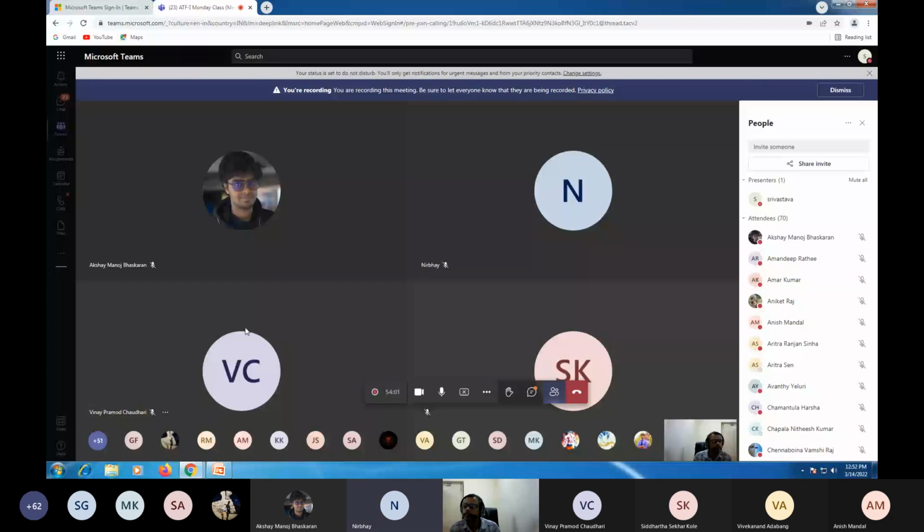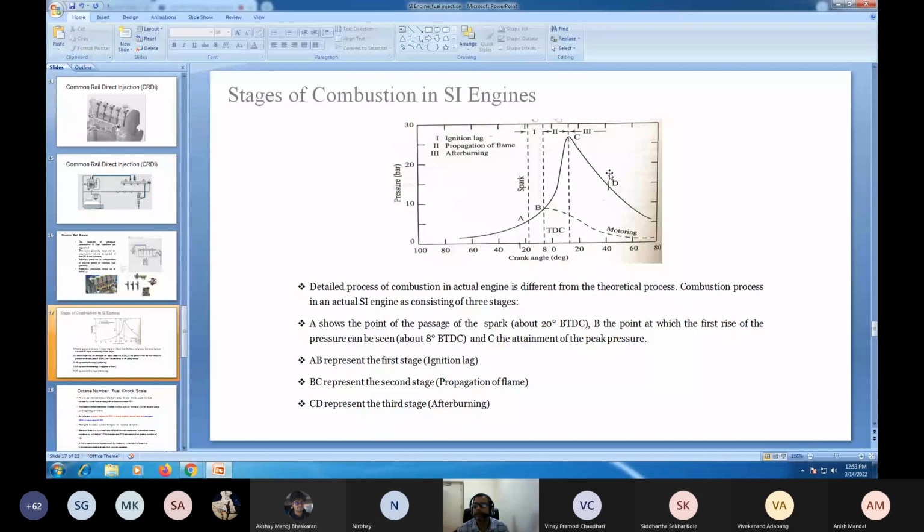So how is the point D located on the graph? D is not possible to read. There is nothing that we can say that D is at this point or this point. It's after this point, okay. More or less when the combustion is almost dead and no power is being contributed, then roughly we can say that is the end of the combustion or the after-burning period.